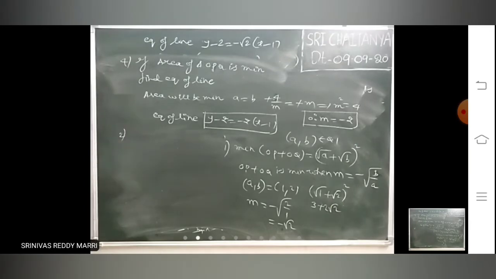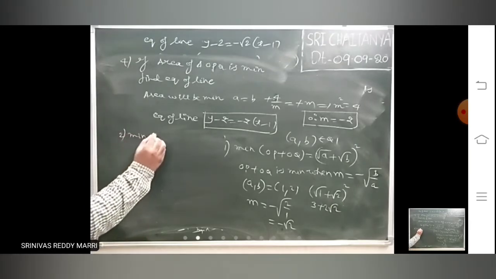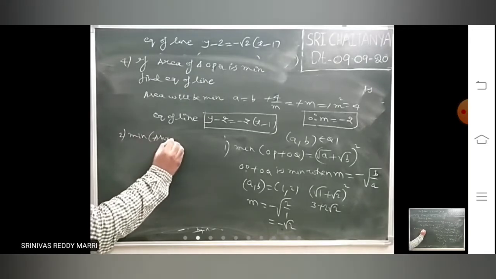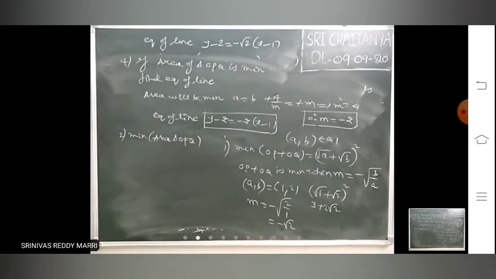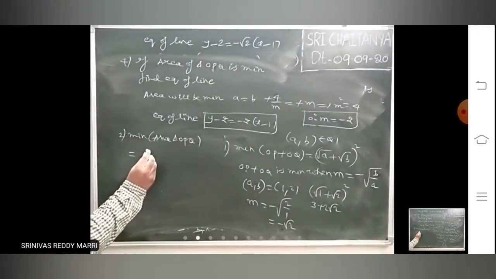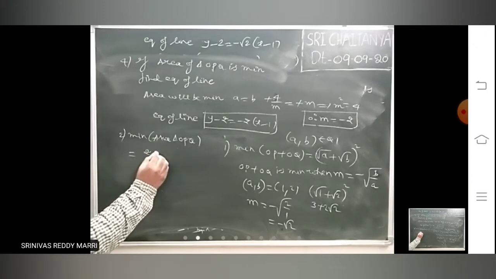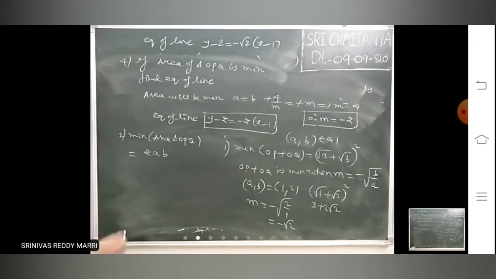Next, second point. Minimum value of area of triangle OPQ. Area of triangle OPQ equals to 2AB.